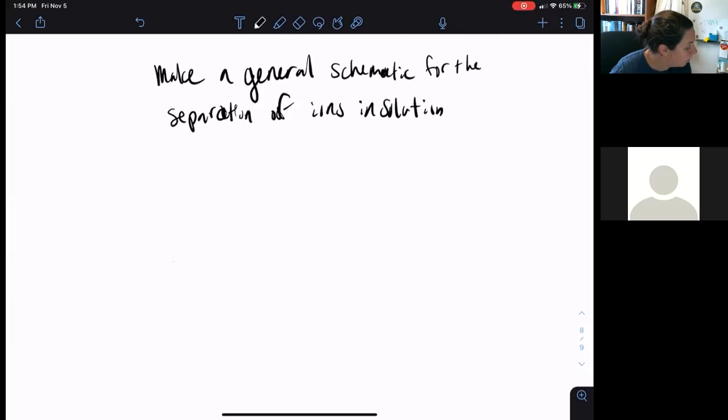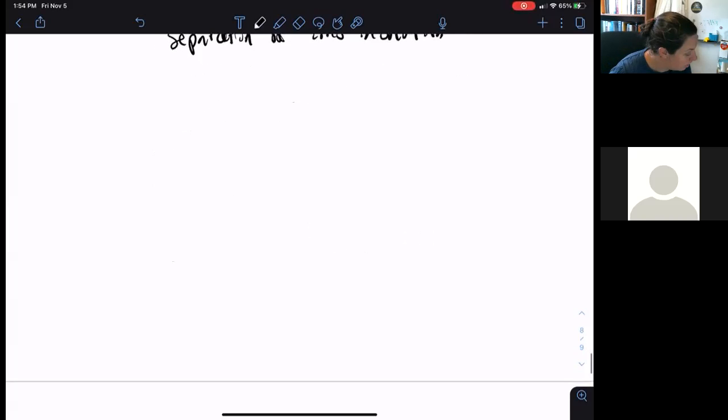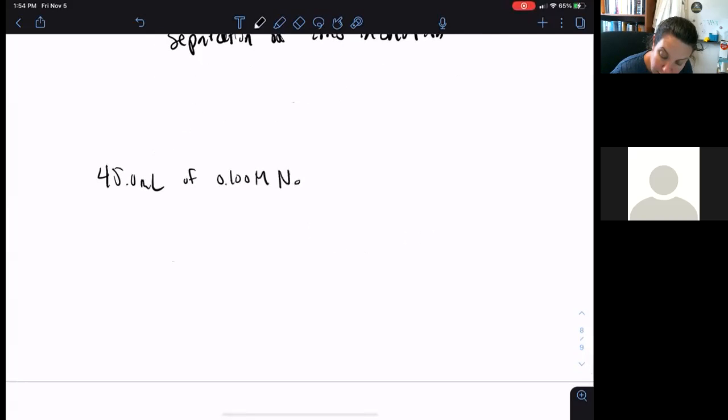So let's take a titration where we have 45.0 milliliters of 0.100 molar NaOH. So this is our titrant.